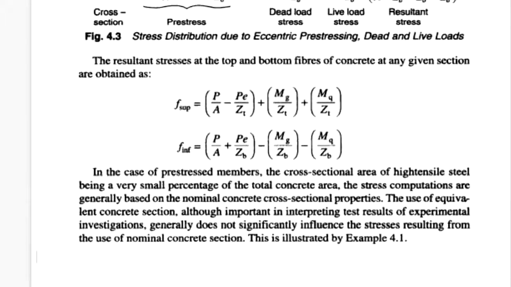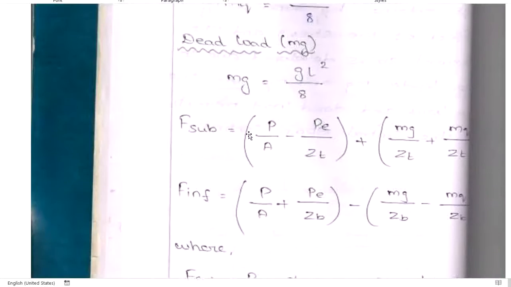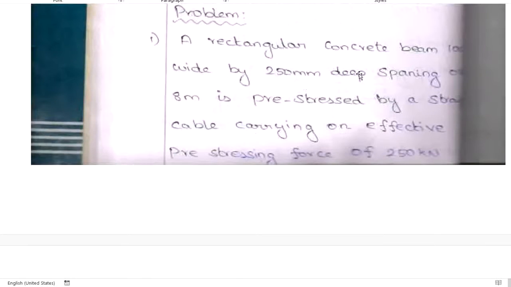Now let us move to the problems. So this we have studied previously. Let us move to the problem. So you can see a rectangular concrete beam 100 mm wide by 250 mm deep. So it is a rectangular concrete beam.